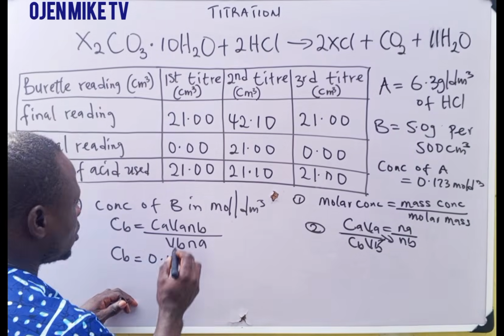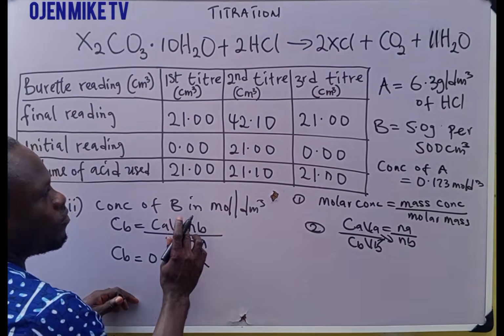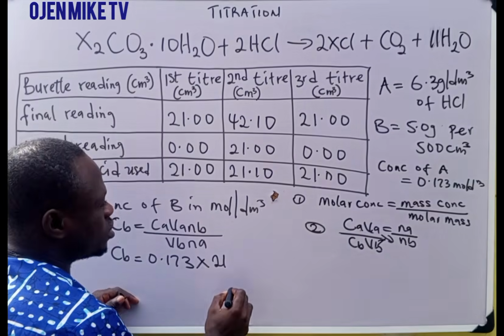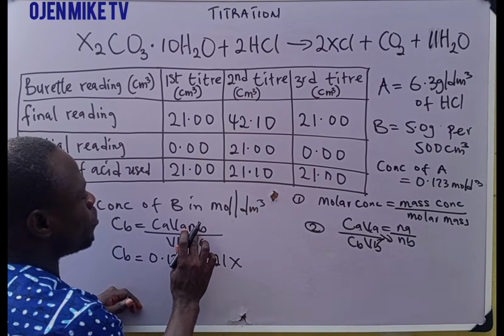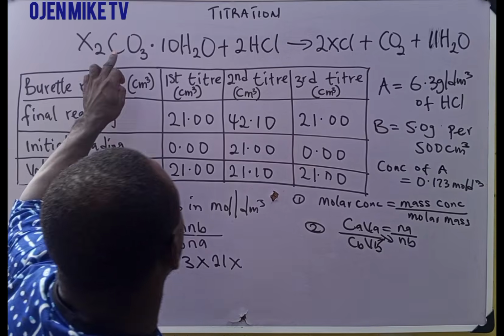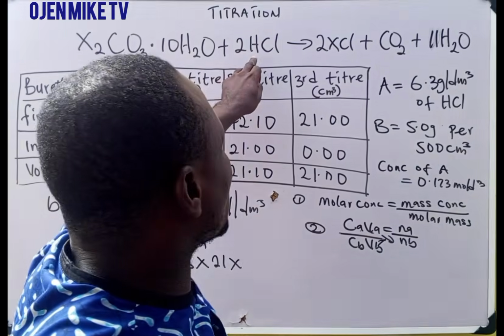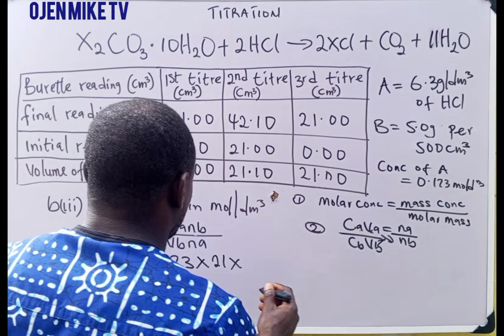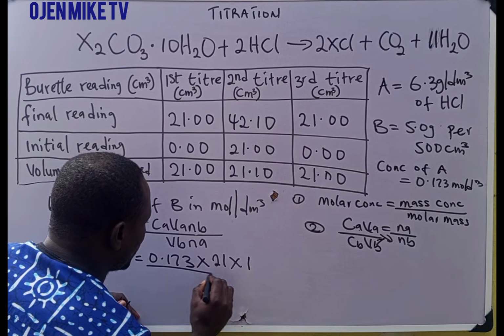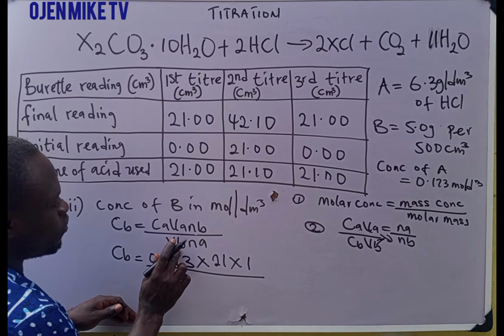Are you following? Now, what is your VA? Volume of acid, we have 21. That is your volume of A. 21 multiply. What is your mole ratio of B? Look at the equation here. Look at your base here and look at your acid here. So what is in front of this one? Nothing is here. So it's 1. You divide it by volume of base.